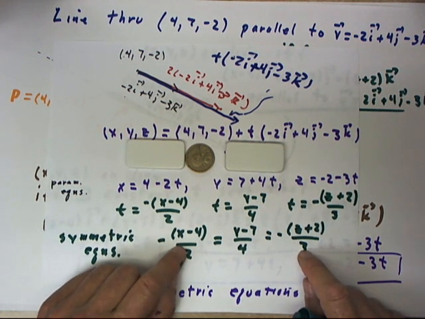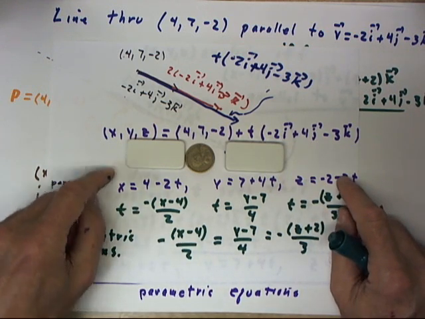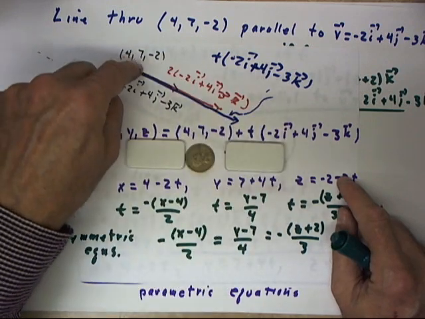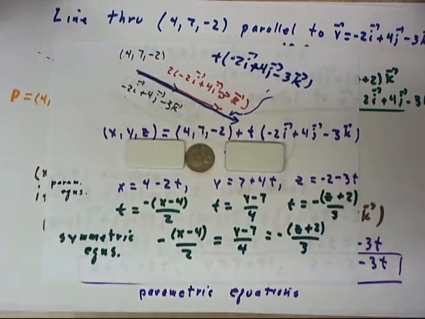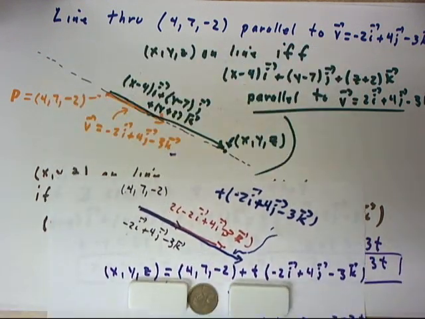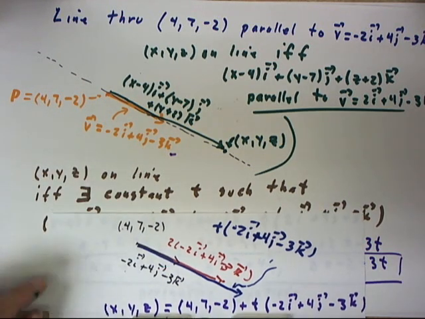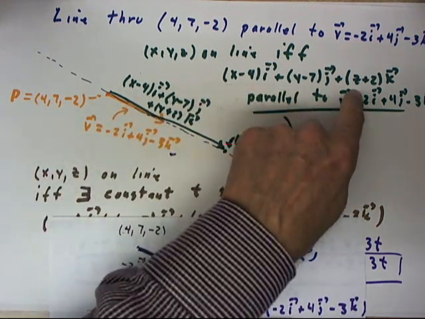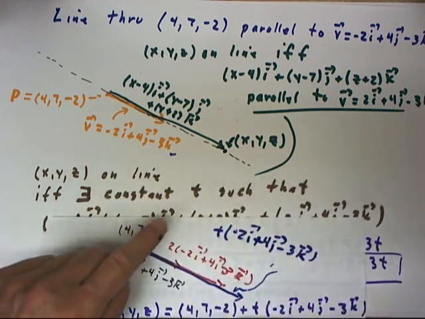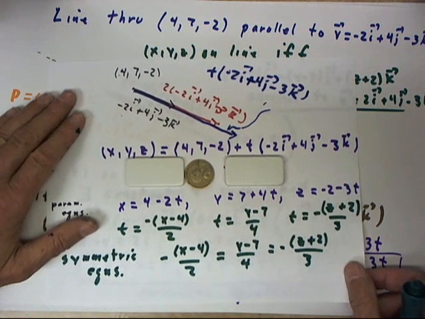Now, each of these, the symmetric equations and the parametric equations, is equivalent to this condition pictured here, and also equivalent to the conditions we stated earlier on the preceding page, that this vector be parallel to this vector with constant t intermediating our proportionality.